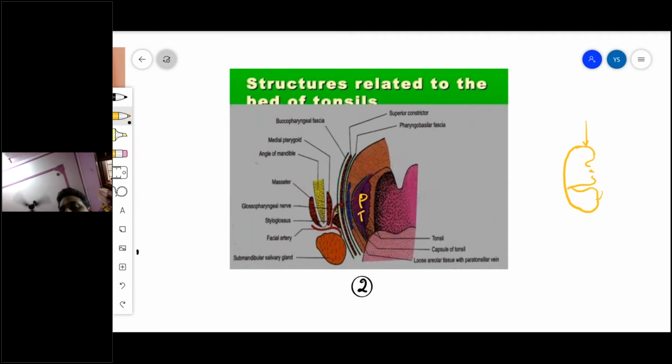Usually, if you see the palatine tonsil, what are the parts? Upper pole, lower pole, and the two borders, anterior and posterior, lateral surface, and medial surface. So these are the parts of the palatine tonsil.